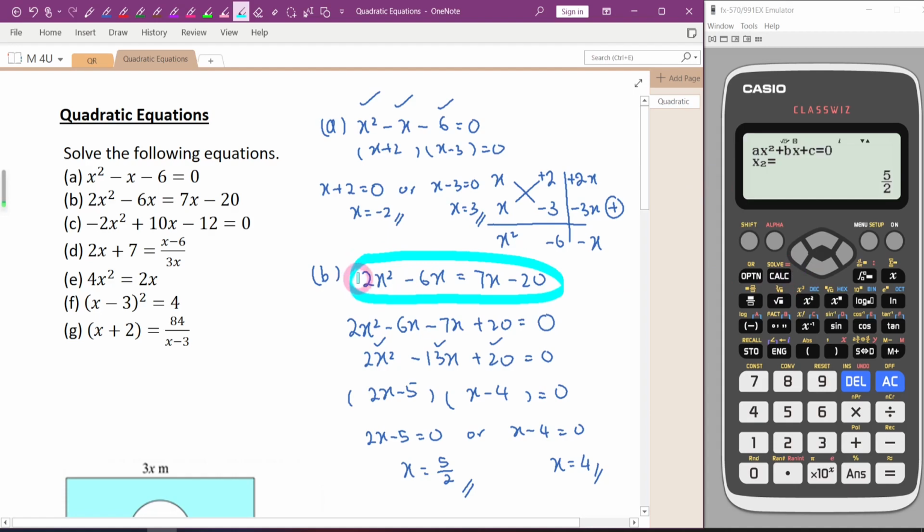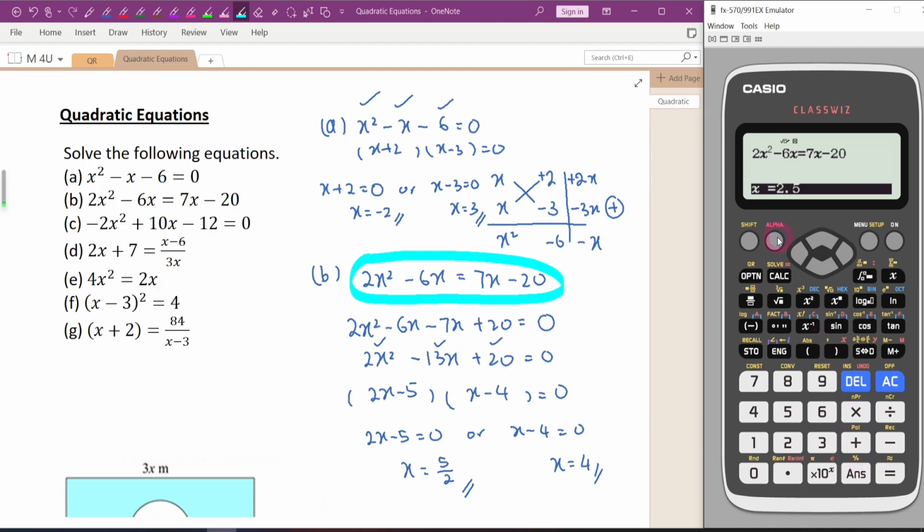Let's say I directly key in 2x squared minus 6x is equal to 7x minus 20. Now, ask our calculator to solve for us. Solve, equal. Now you get 2.5, and you are not able to get 4, right?